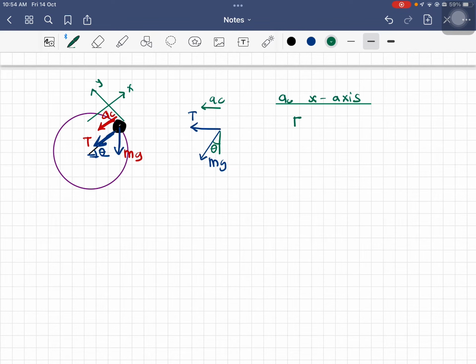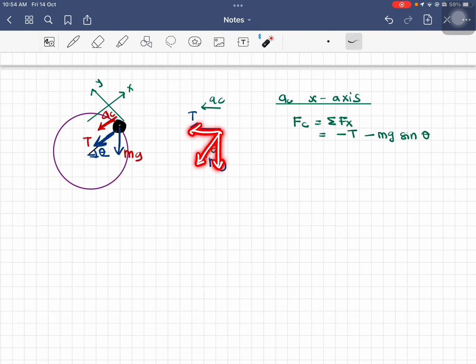Now your FC is equal to summation of Fx, which is here should be negative T plus mg sin theta. Because your mg can be plus kan, minus jugalah. So this one is minus. Okay. Your mg can be resolved to y component and x component.